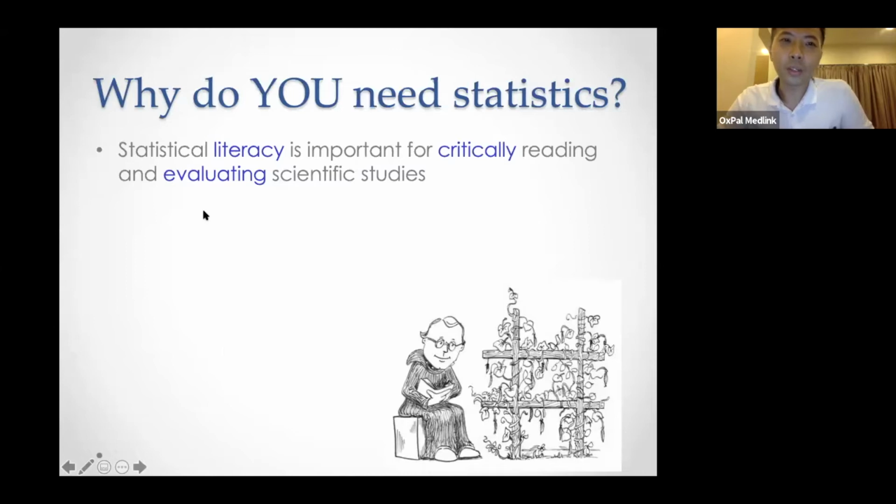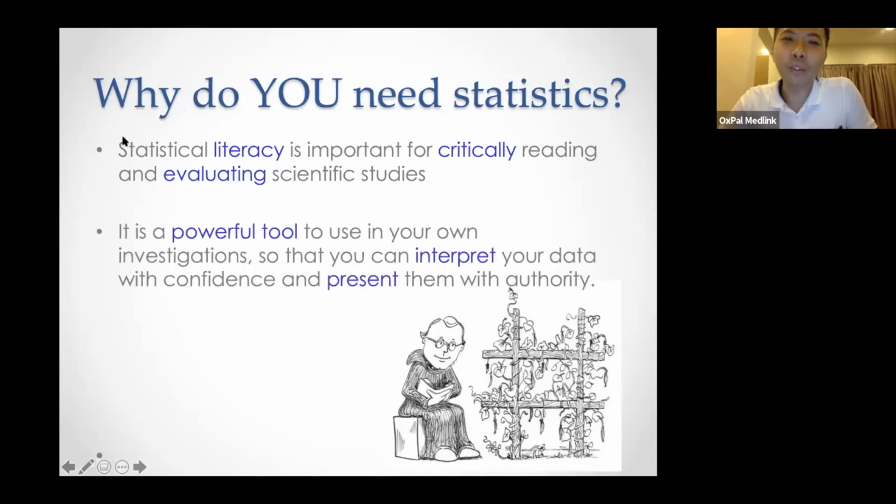So statistical literacy is important for critically reading and evaluating scientific studies. As you probably realize from reading lots of papers, we often need to understand what they mean by p-values, t-values, as well as significant differences.